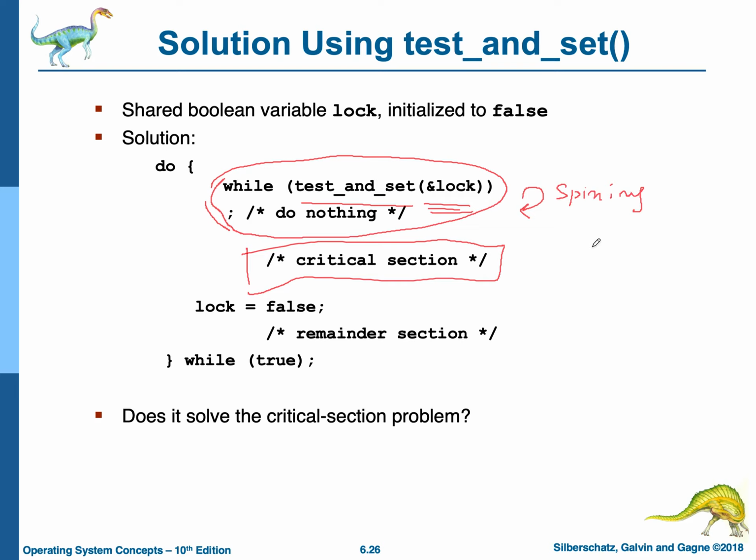This is the same as the software approach we have seen before, right? So this is a waiting state, and this is again the release of the resources. Once the critical section is over, the lock is made false and the remainder section will be executed here.